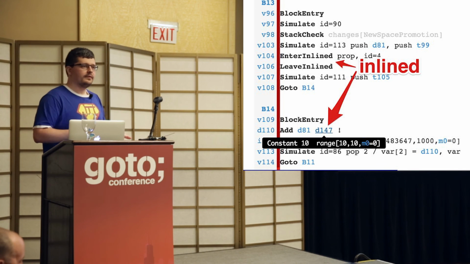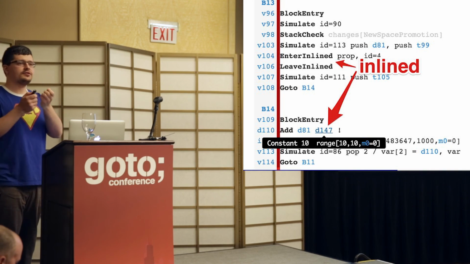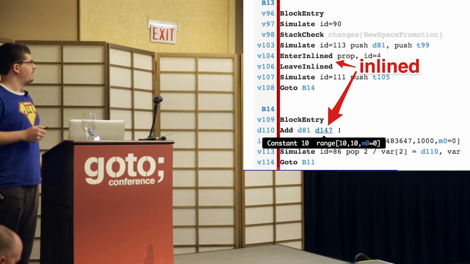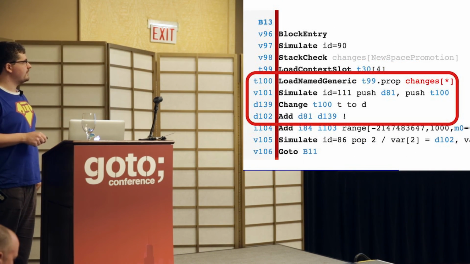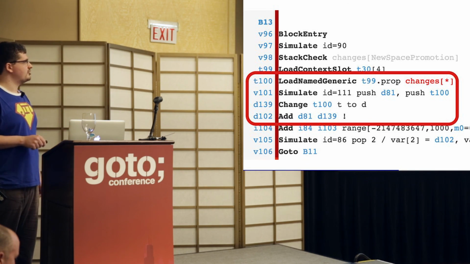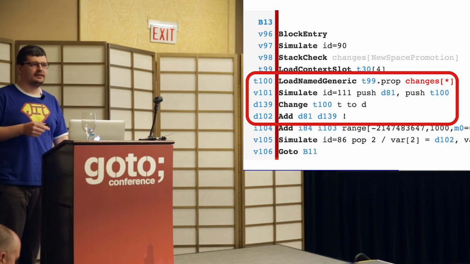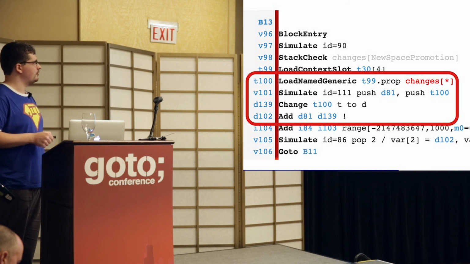So the actual access to the constant costs nothing. And in the case of the data property defined on the prototype, we suddenly discover that there is this load name generic operation, which is actually a call. And there is no constant 10 inside. And it was not hoisted out of the loop either, because you can see this red line going on here.